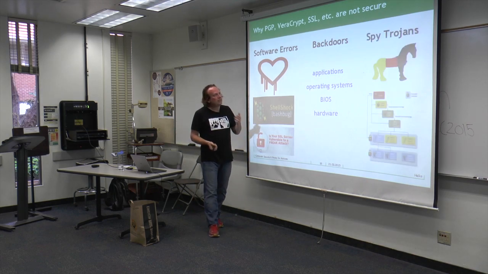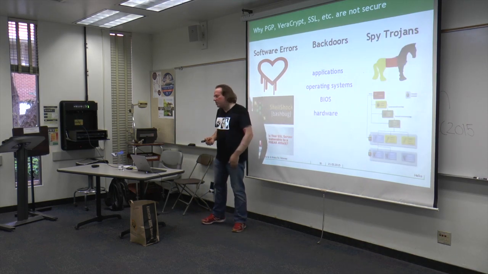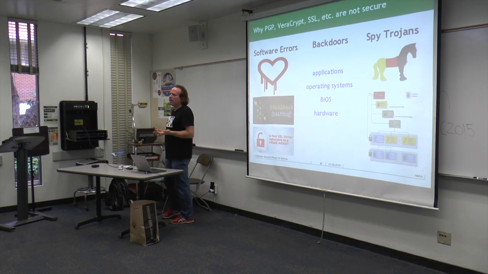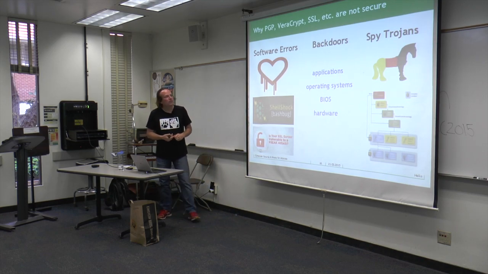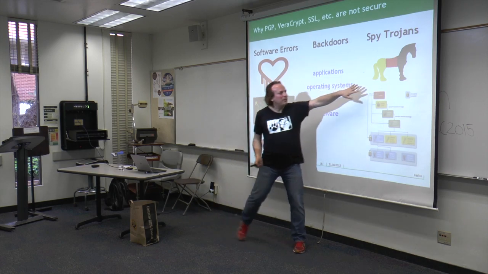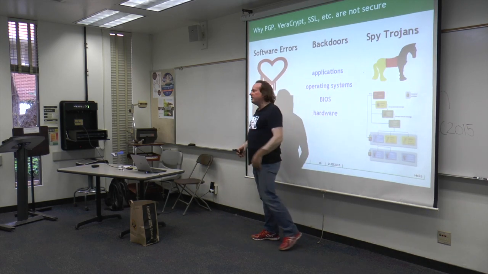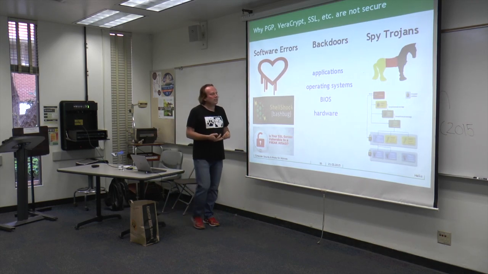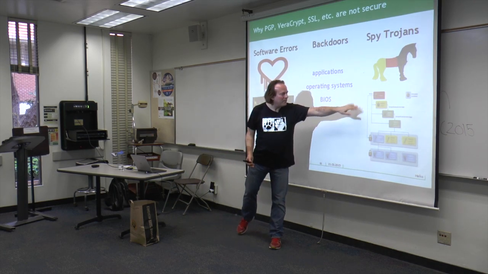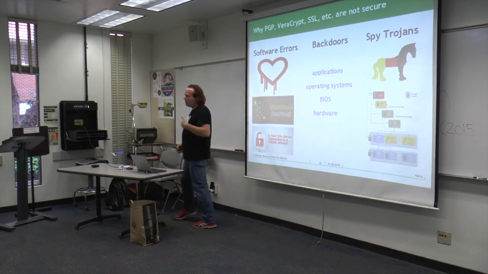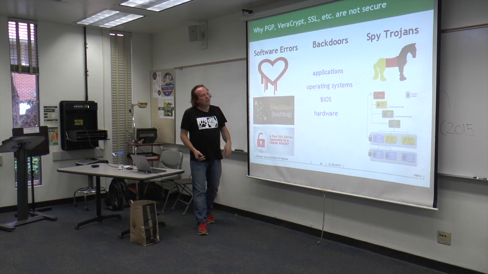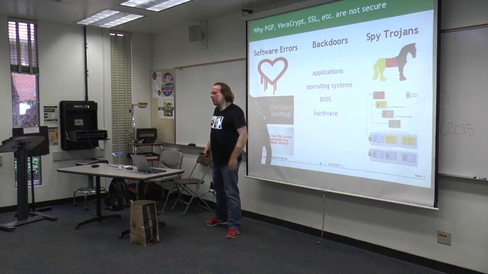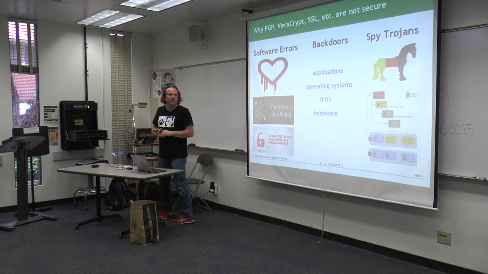And last but not least, there might be spy trojans which government agencies are installing. This is the logo of the Bundestrojaner, which is the spy trojan which the German government is using. This is supposed to be a depiction of the Regin project, which is the spy trojan software by the US and UK governments.